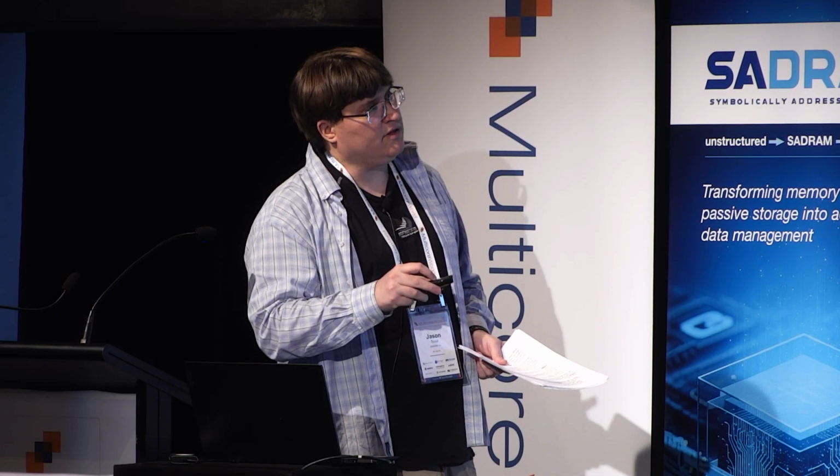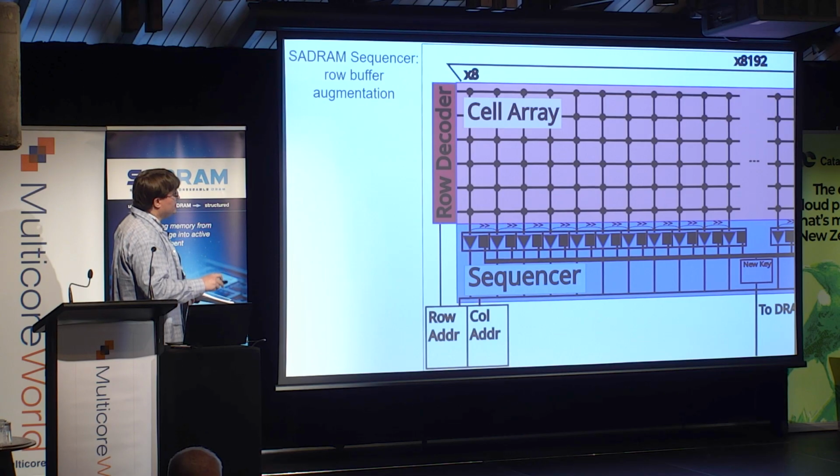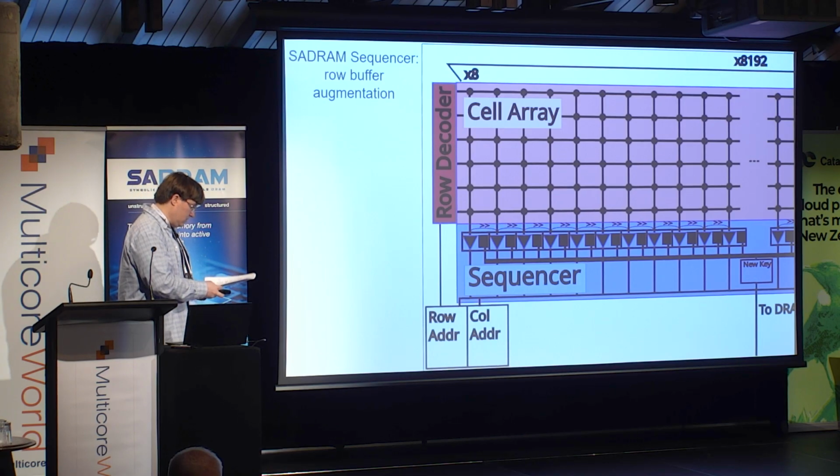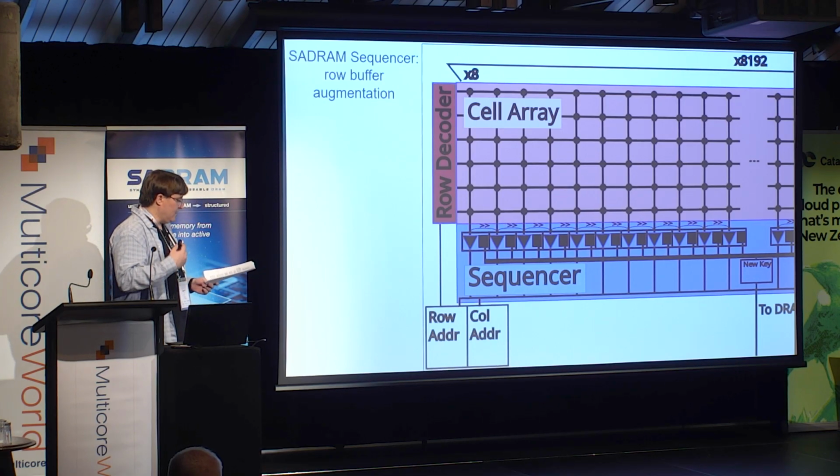It works with keys, and stores multiple keys within a node. You've got to pull one of these rows/nodes down into the sequencer before you can do any work. Like B-trees, SADRAM keeps the data within the row in sorted order. Currently our design does the comparisons necessary to keep them in sorted order simultaneously.